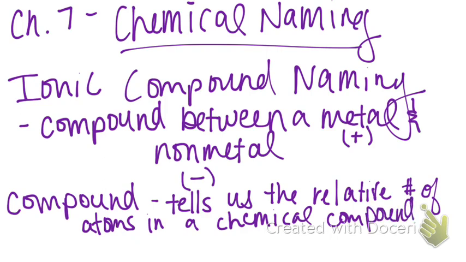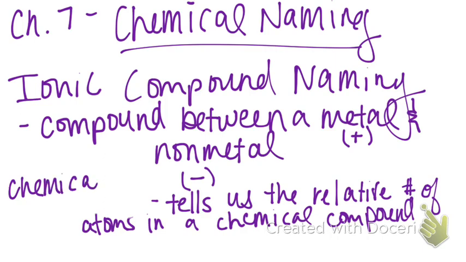Chemical formula is the definition I'm giving you. Sorry, I can't use itself in the definition. My bad. Chemical formula. So the chemical formula tells us the number of atoms in a chemical compound.